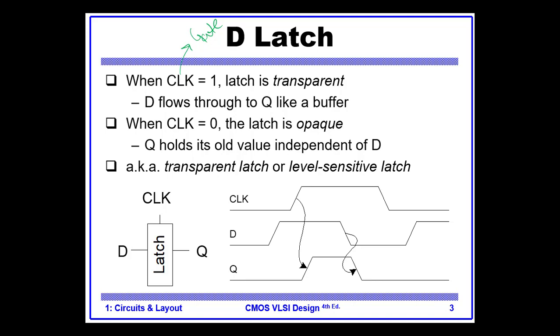Okay, so when clock is 1, the latch is transparent and D goes to the output, as I told you. And when clock is 0, the latch is opaque or in memory mode, which means whatever is the output, it stays the same.